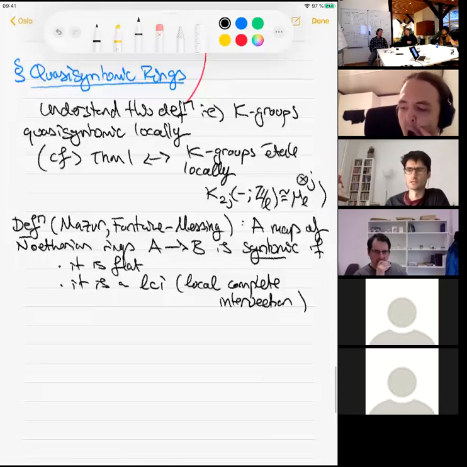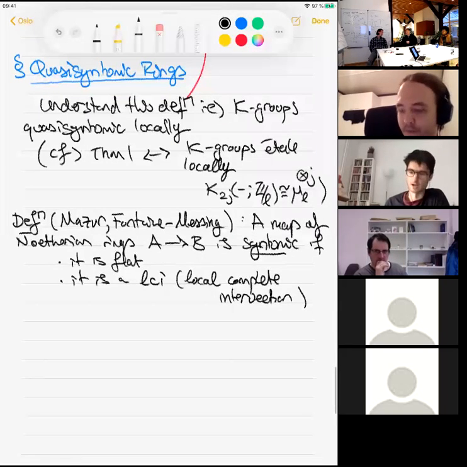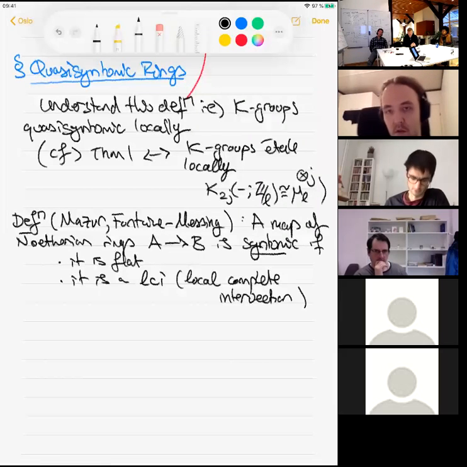So that is to say, locally it can be written as some smooth map modulo a regular sequence.